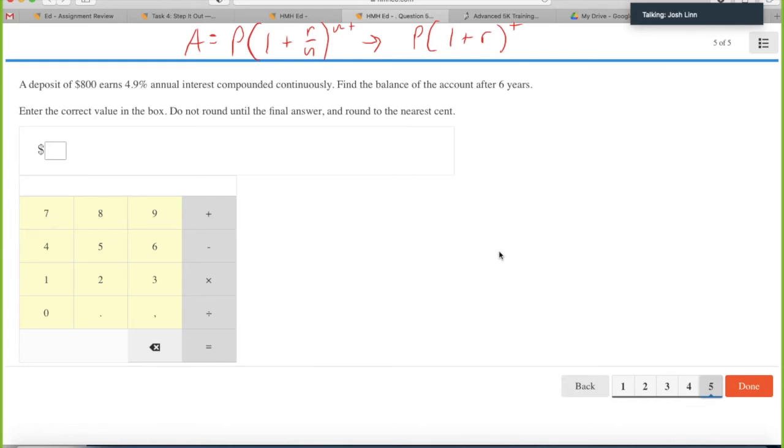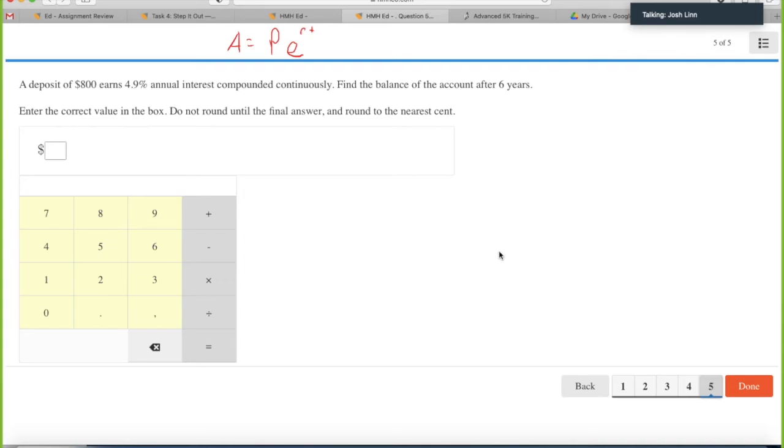So compounded continuously is just a simple, easy, different formula. That formula is A equals our principal times e to the power of RT.